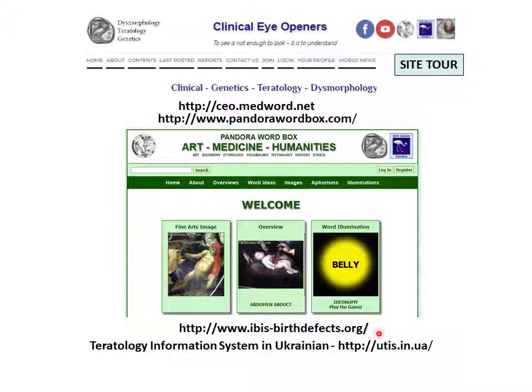Here is a website that you may wish to visit, which provides information about birth defects. And then there is a teratology information system in Ukrainian, so that if you are not a Ukrainian speaker, you may not wish to visit there.